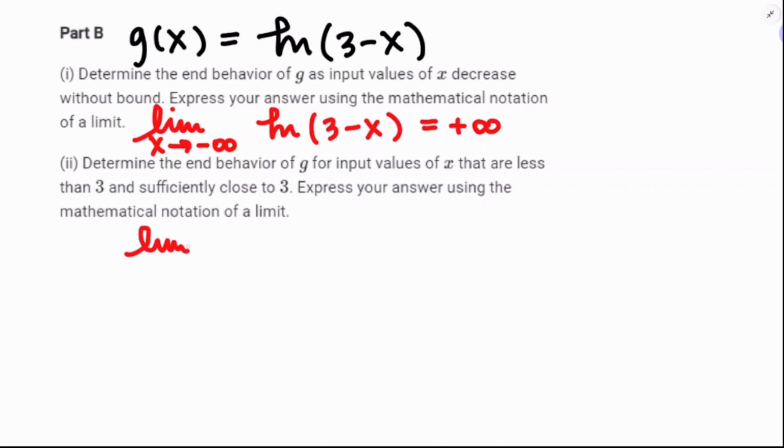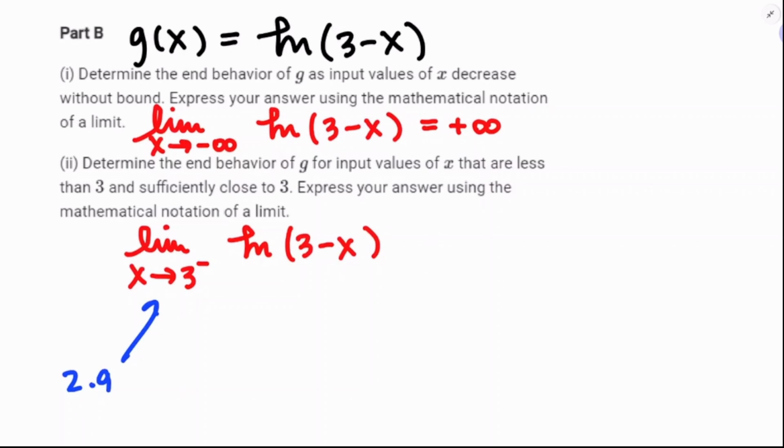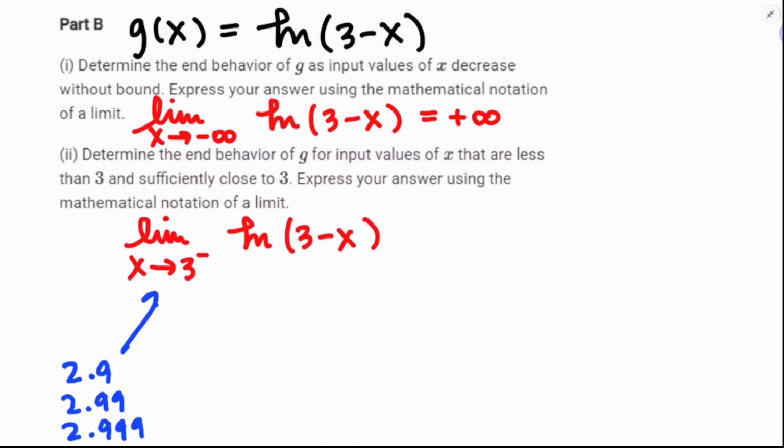Input values that are less than 3 and sufficiently close to 3. I believe that means approaching 3 from the negative side. But let's think about this. As we approach 3 from the negative side, like 2.9, 2.99, 2.999, think about 3 minus those numbers.